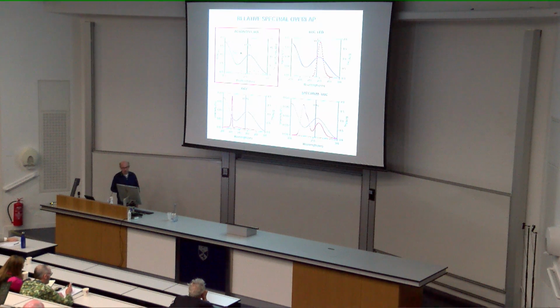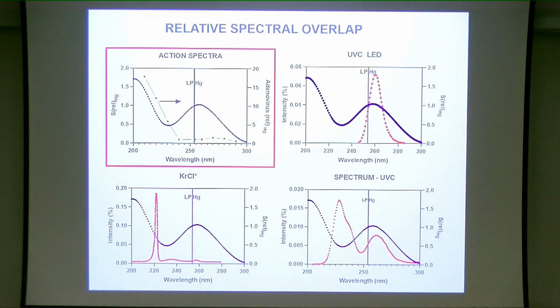These curves just show relative spectral outputs. The figure of merit is taking the action spectra and multiplying it by the normalized intensity curve. So each one of the red curves has the intensity normalized to 1, so 1 watt or half a watt, but you have to have the same power per lamp. And you notice mercury, 100% at 254. The krypton chloride has about 20% of its light at exactly 222.